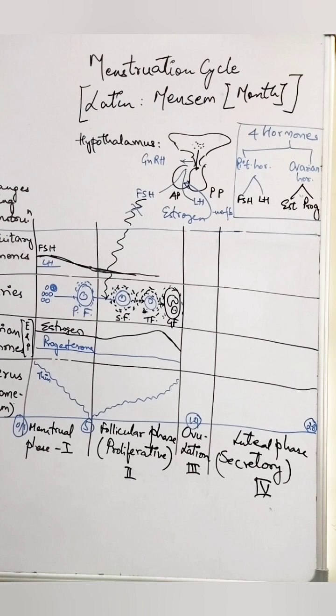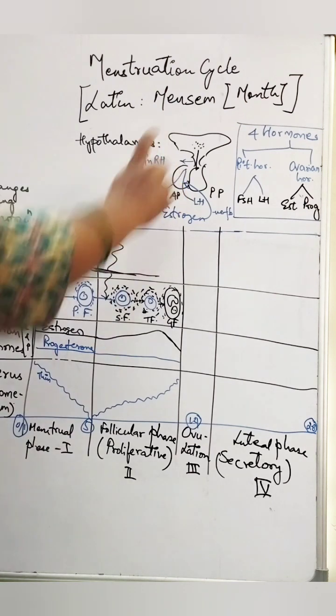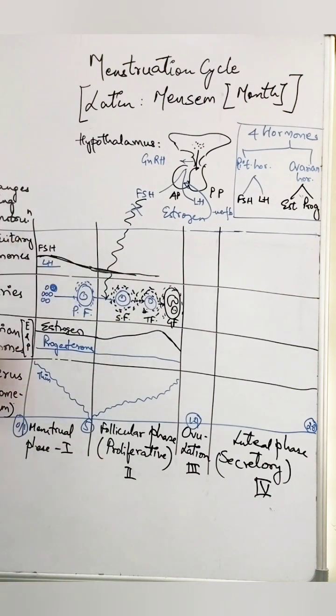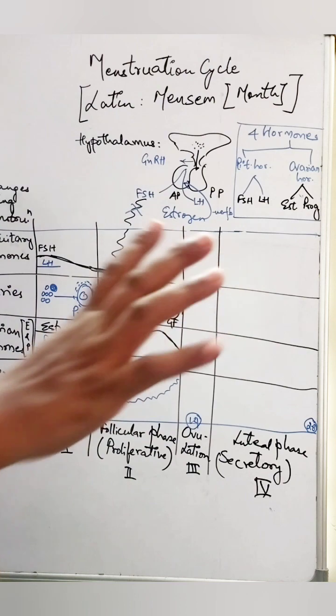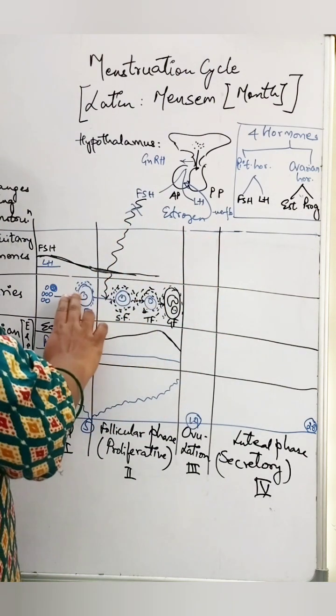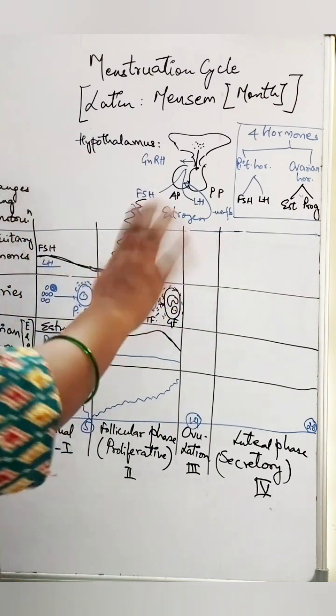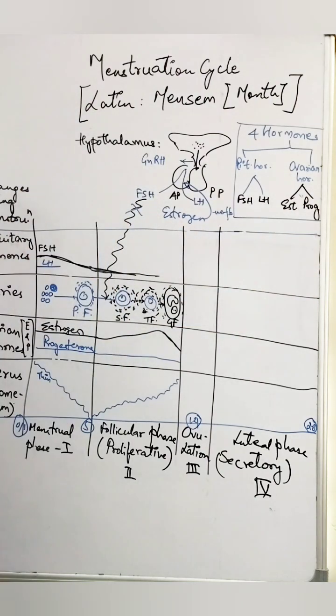Now suddenly FSH will say that now the Graafian follicle is matured. First, estrogen was controlling other follicles not to develop, which is negative feedback. Suddenly, estrogen will also give a positive feedback.